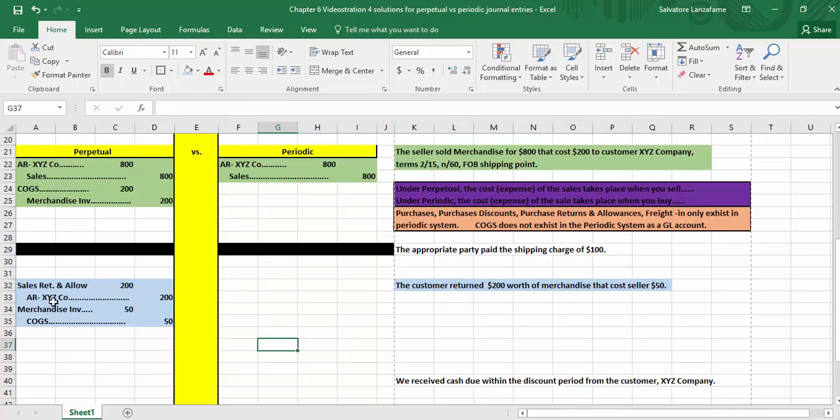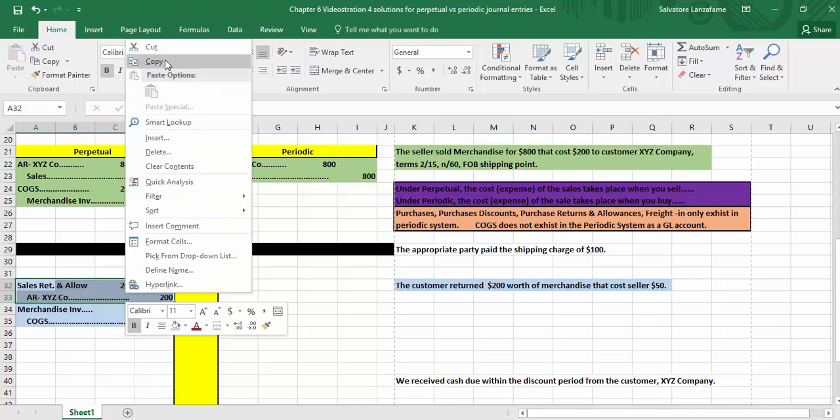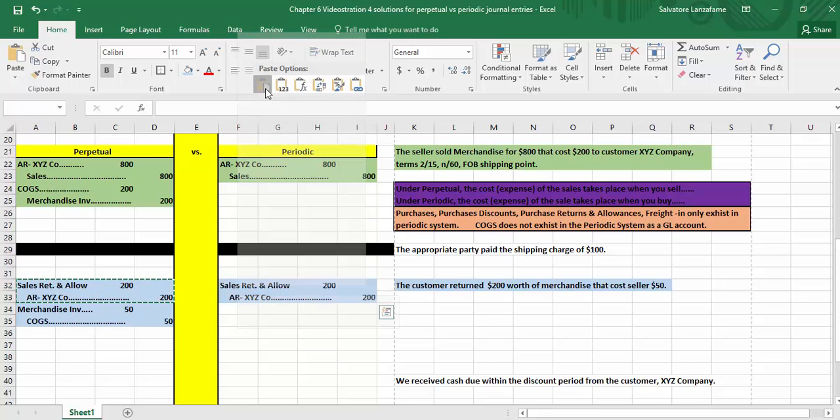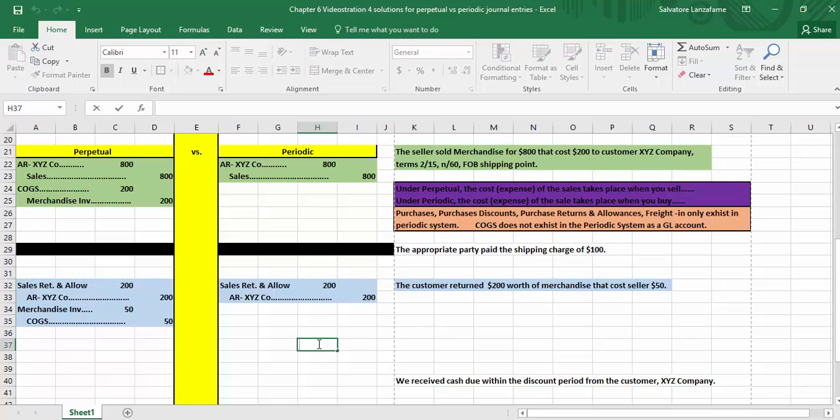Okay, so now under periodic, again, cost of goods sold does not exist in this system. Cost of goods sold is something we have to calculate along with the value of our inventory. And that would happen through FIFO, LIFO, weighted average, specific identification. So we don't have the means right now to be able to calculate that.